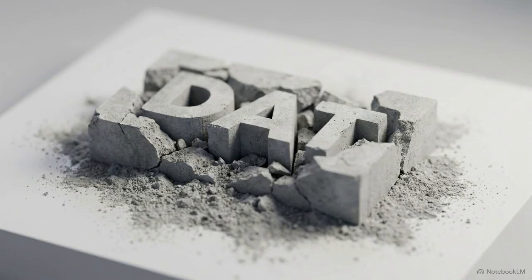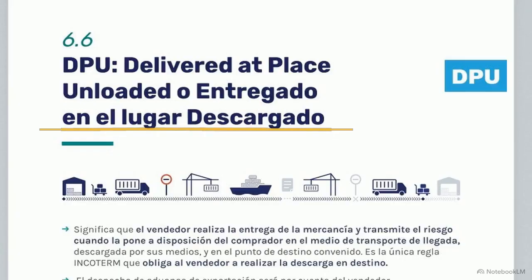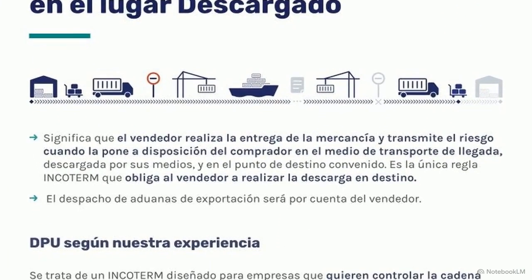Looking at destination delivery terms, the 2010 term DAT, or Delivered at Terminal, was removed. It was deemed too restrictive for modern logistics. In its place, the 2020 rules introduced DPU, Delivered at Place Unloaded. As the text specifies, this is the only Incoterm that legally obligates the seller to perform the physical unloading in the destination country.